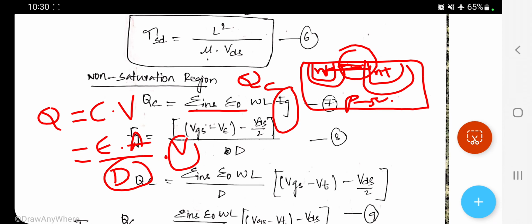So V by D is the field Eg, and in place of epsilon we can write relative permittivity, epsilon ins of the insulator, and epsilon naught absolute permittivity. And in place of area A, that is area of the channel, we write W into L, width of the channel into length of the channel. That's how we got QC is equal to epsilon ins epsilon naught WL into Eg.